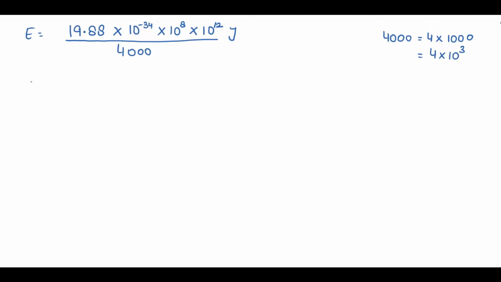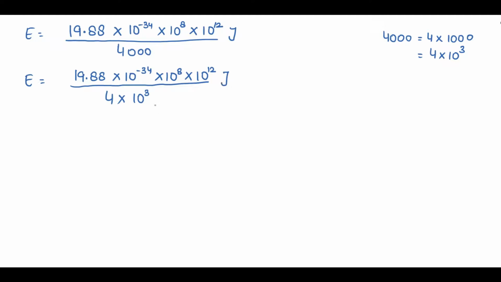So E equals 19.88 into 10 raised to power minus 34 into 10 raised to power 8 into 10 raised to power 12, divided by 4 into 10 raised to power 3. When I take this 10 raised to power 3 to the numerator, it will change its sign, so it will be 10 raised to power minus 3.